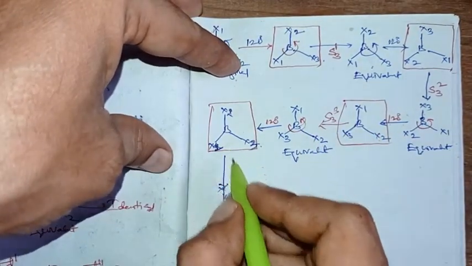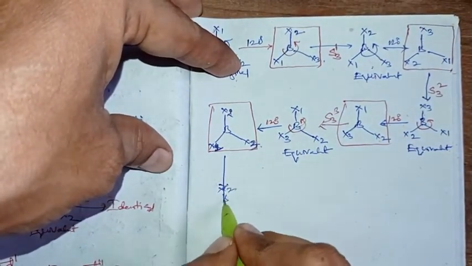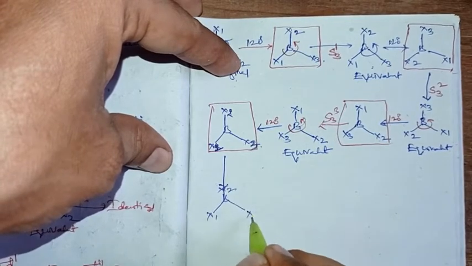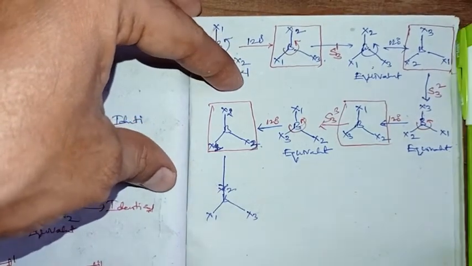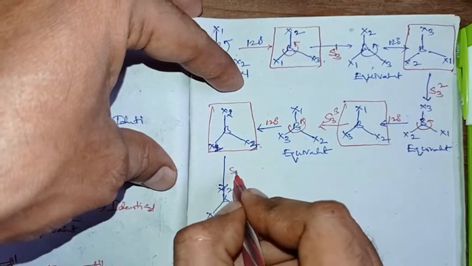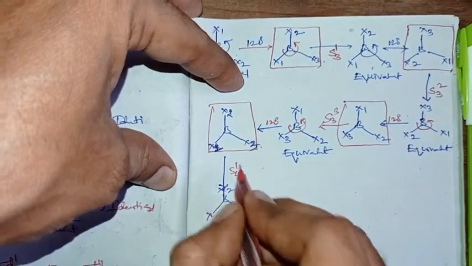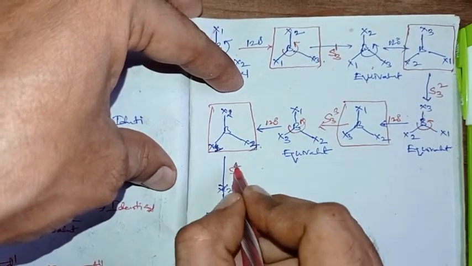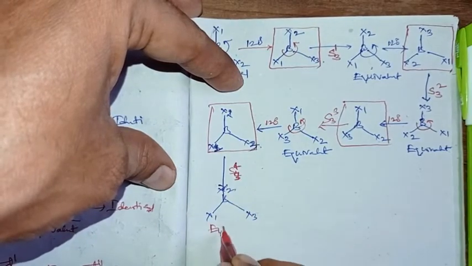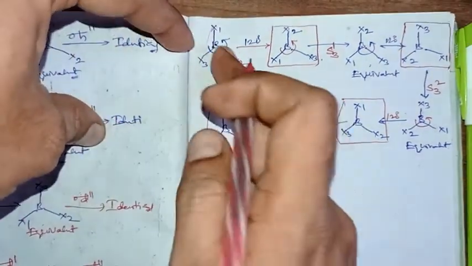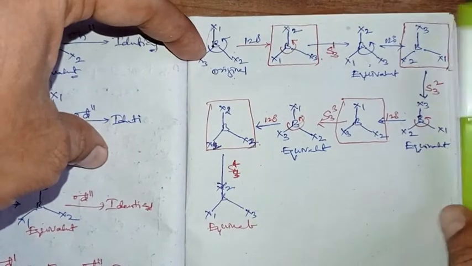After that the reflection will give x2 here, x1 here, x3 here, right? So this is S3 fourth time, an equivalent configuration, isn't it? When we compare with the original, this is an equivalent configuration.